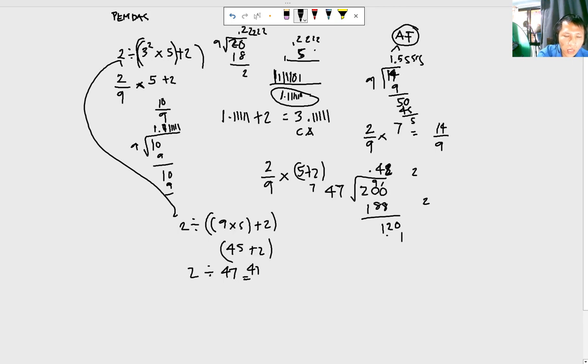247. 2 times 7 is 14. 2 times 4 is 8, plus 2, that is 10. So you have 10 minus 4, that is 6, and then 1 borrowed, you have 16.